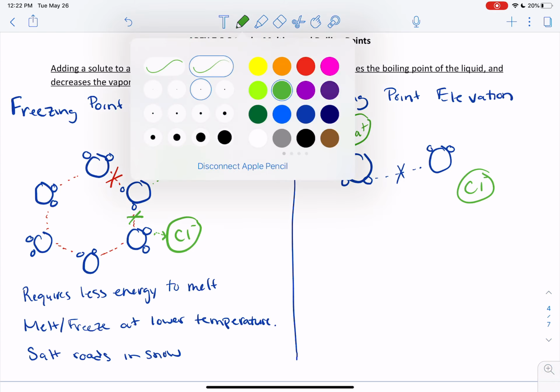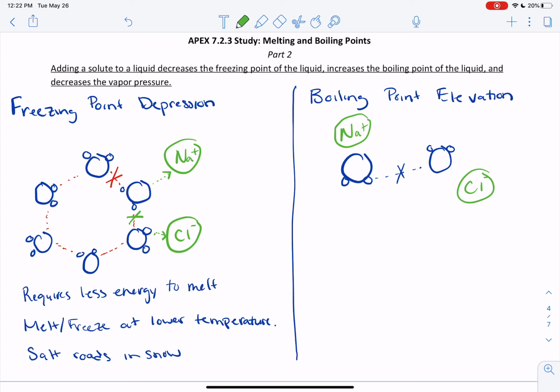Now our sodium is attracting to our oxygen and our chlorine is attracting to our hydrogen. So we're actually forming more interactions. That means in order to boil, you need to break this one, and this one. So it's going to require even more energy to separate this, so it's going to require more energy to boil. That means it's going to boil at a higher temperature.